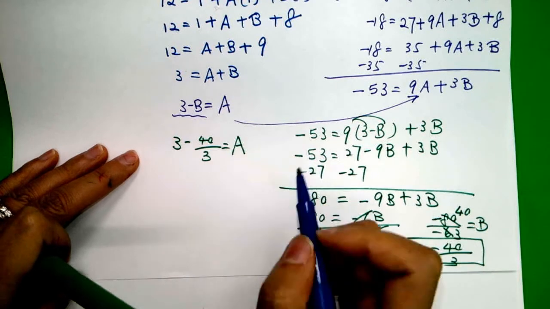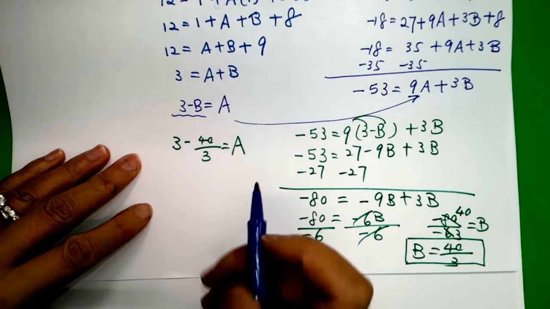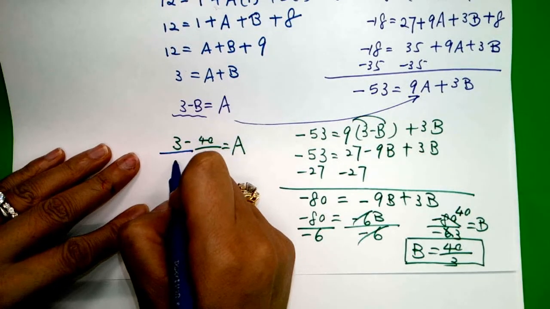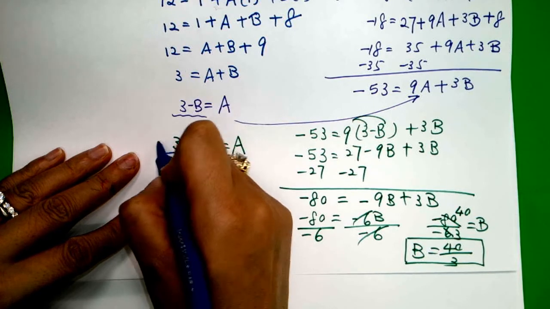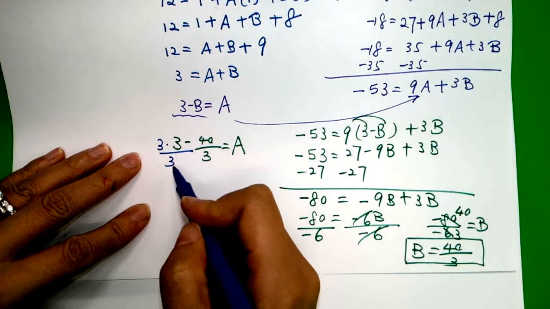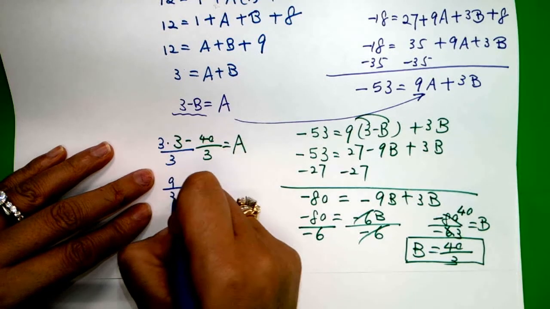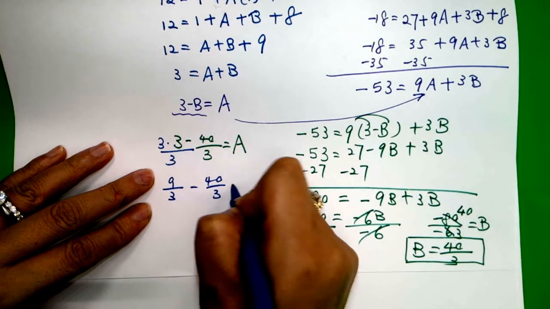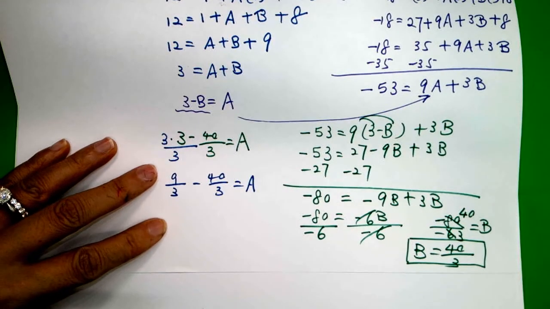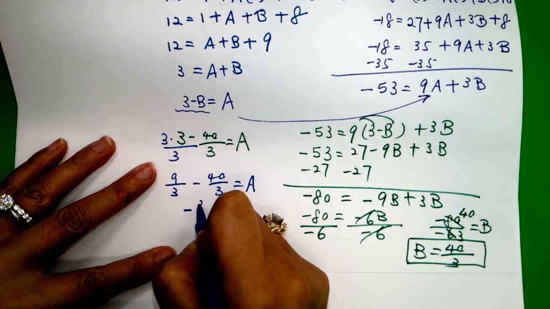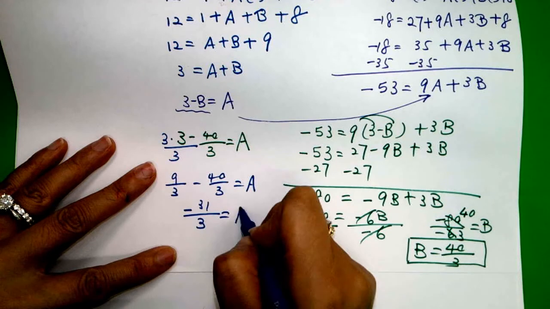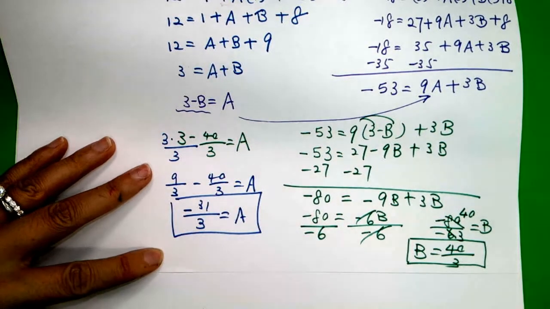That's why we don't need to write it when the denominator is 1. So in order for me to make this 1 become 3, I need to multiply by 3 top and bottom at the same time. In other words, I have 9 over 3 minus 40 over 3 equals a. This will give you negative 31 over 3 equals a. I hope this helped.